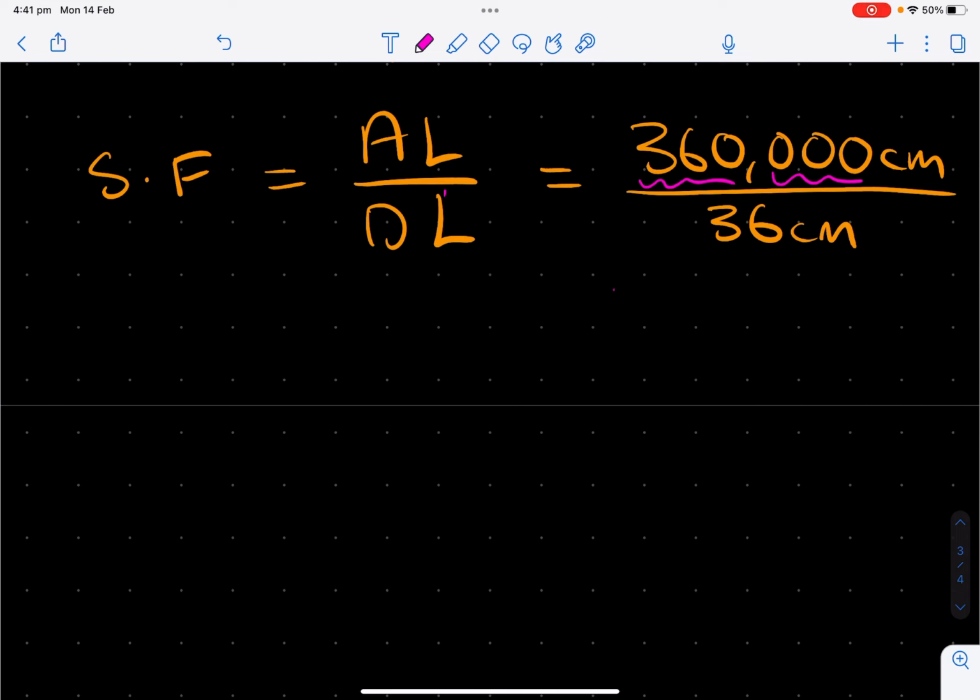Type 3.6 for 3.6 kilometers into your calculator. Multiply it by 1,000 and you should get 3,600 for 3,600 meters. Then multiply that by 100 to get 360,000 centimeters. So we've done our logic check.